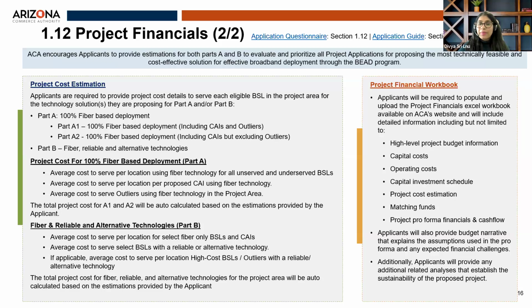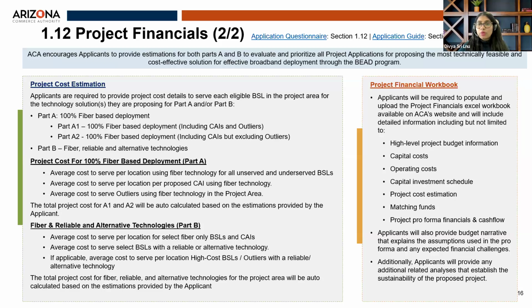Following that is the Part B section, which is a mixed technology deployment option, where the applicants will have the option to provide 3 different kinds of information. One is the average cost to serve per location using fiber-only BSLs and CIs. So the applicants can indicate the number of BSLs to be deployed through fiber and the average cost to serve them. The second one is the average cost to serve select BSLs using reliable or alternative technology.